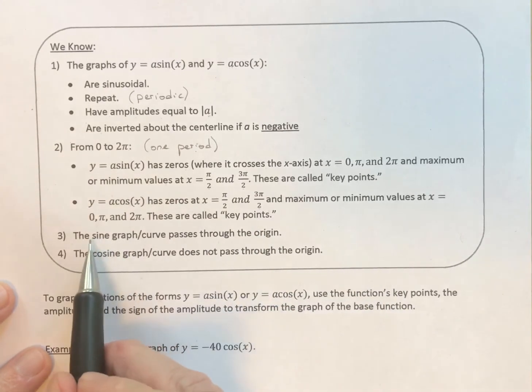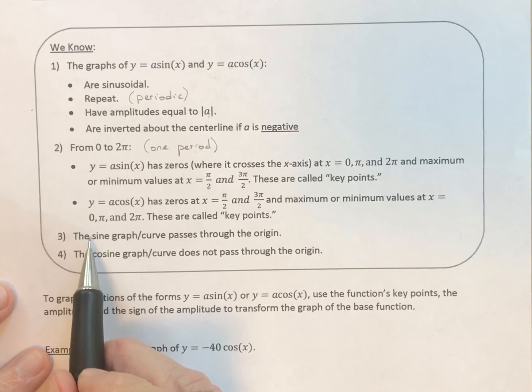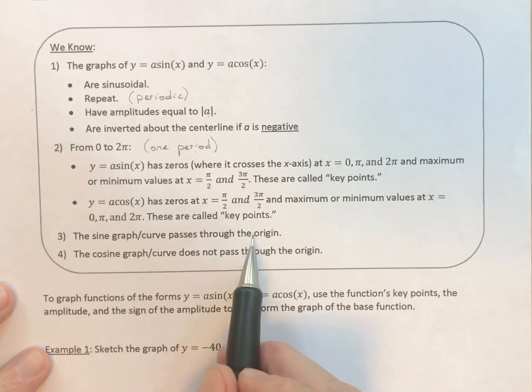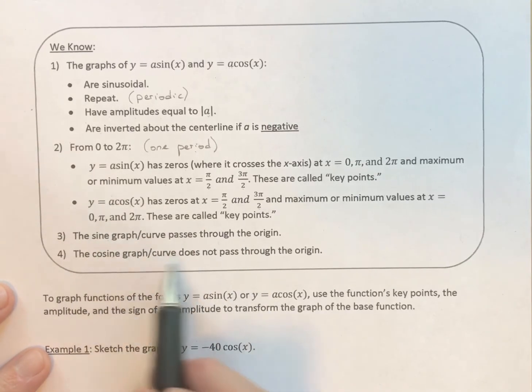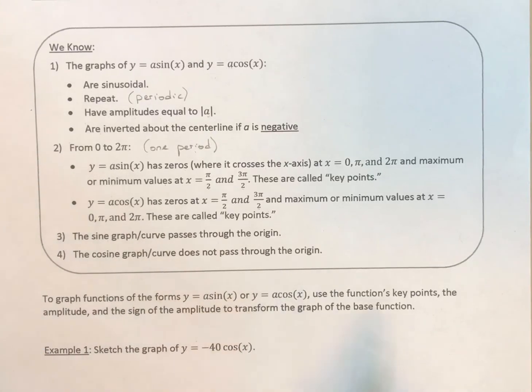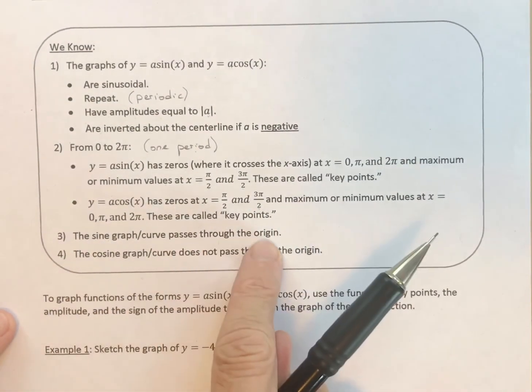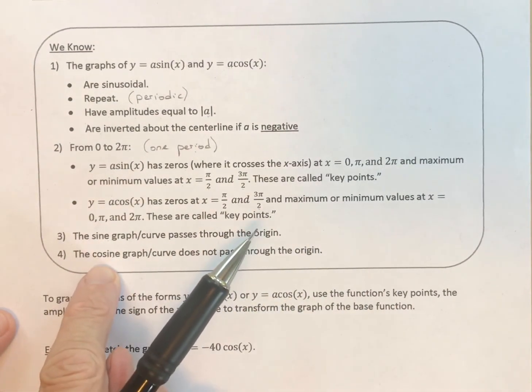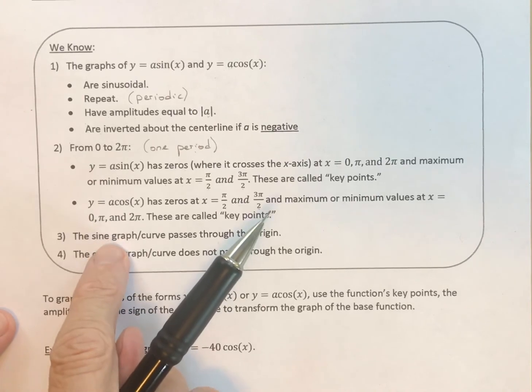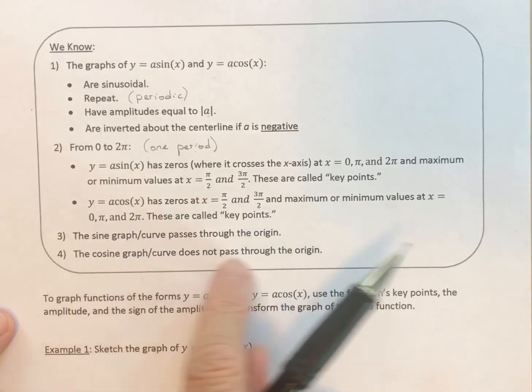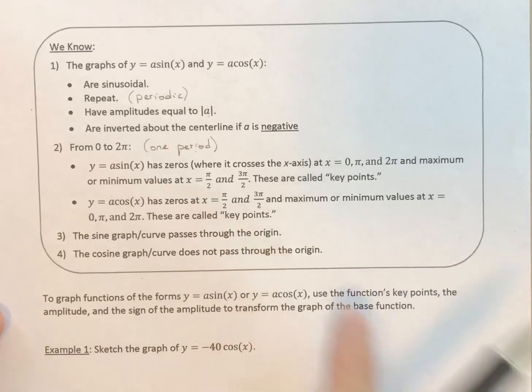And we noted this on the previous two video lectures. The sine curve goes through the origin. The cosine curve does not. The basic sine curves go through the origin. The basic cosine curves do not go through the origin.